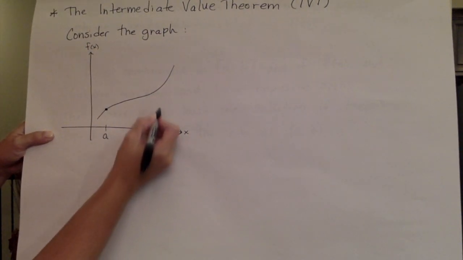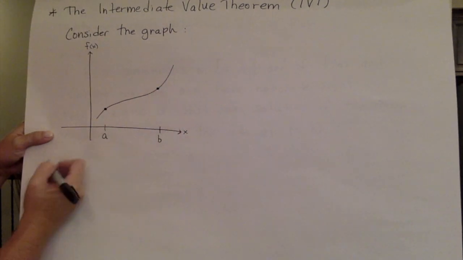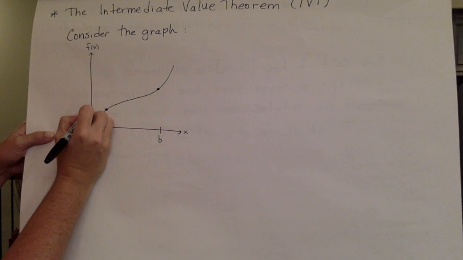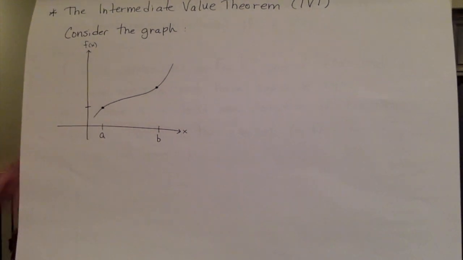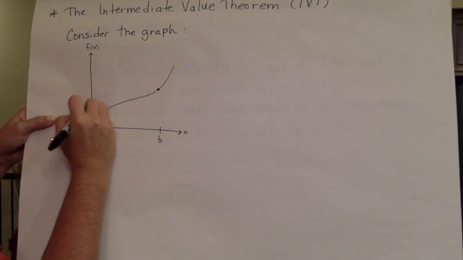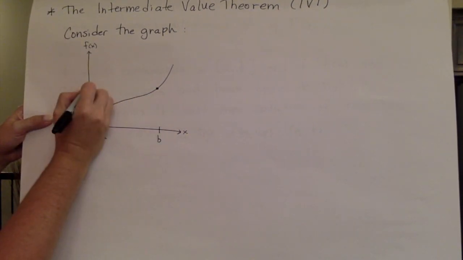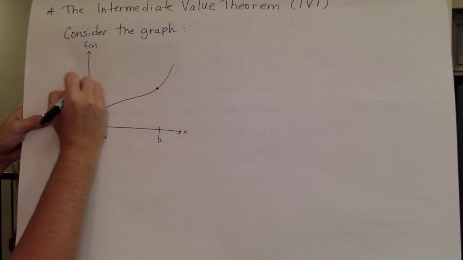When the x value is equal to b, on the x-axis, we have b, right? And I'm going to recognize also that this same point on the y-axis would be called f of a. Okay, this point here would be called f of b.